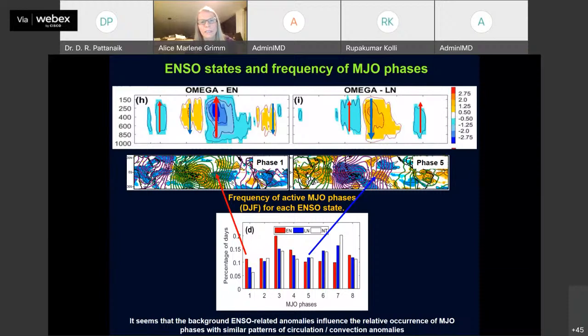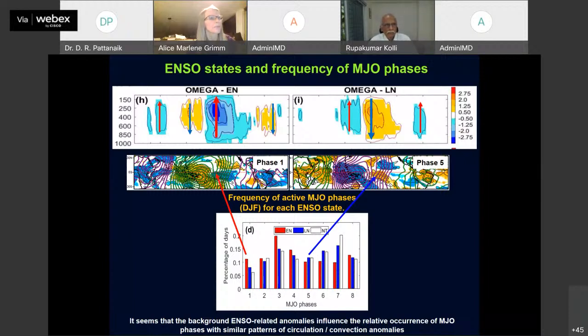Here we have the relative frequency of MJO phases during El Niño, La Niña, and neutral years. It seems that the background ENSO-related anomalies influence the relative occurrence of MJO phases with similar patterns of circulation or convection anomalies.